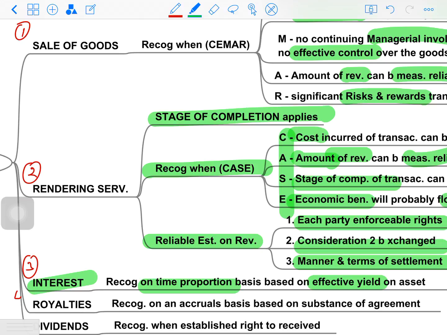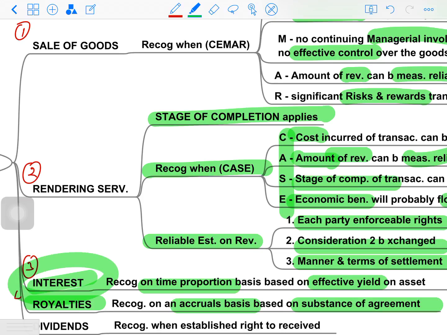Okay, and then royalties. How do you recognize revenue for royalties? Recognition for royalty must be based on accrual basis, based on substance of the agreement. Okay, we're going to look at the substance of the agreement. So, in terms of interest, tadi kita balik kepada interest ni.